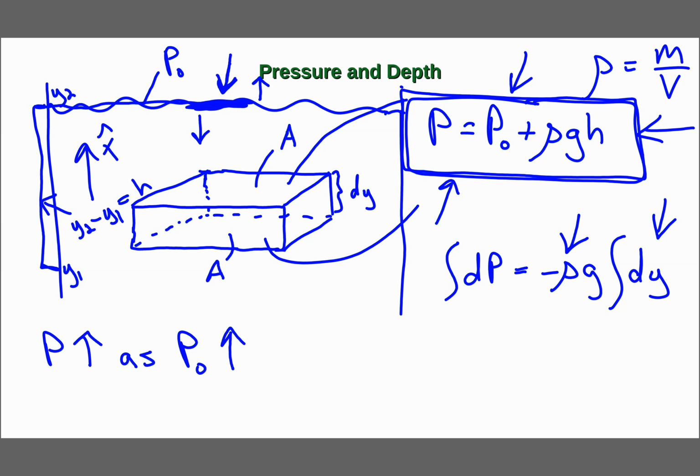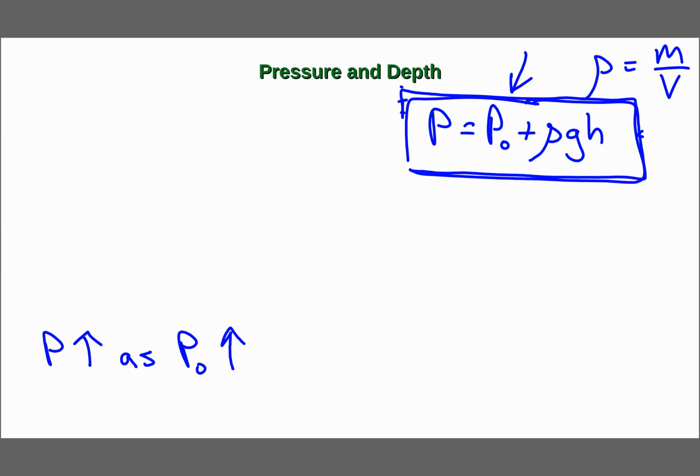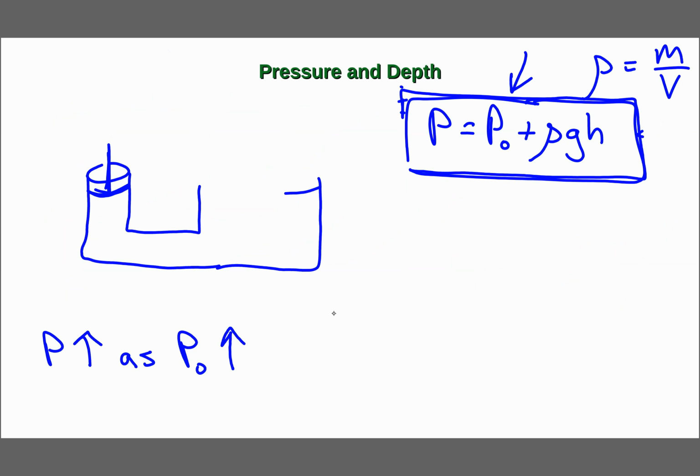So, this is how something like a hydraulic lift works. In the case of a hydraulic lift, I have something here, and I have a nice seal, and I have kind of a plunger that can push down. And then over here, I have a much bigger area that's sealed here. And I can apply a force here, and that increases the pressure, right?